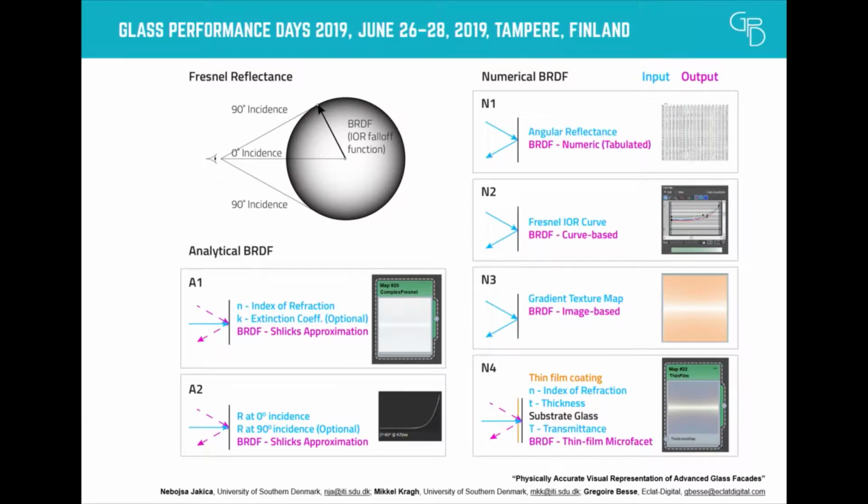Analyticals are obviously much more practical and much faster to implement, while numericals can be more precise, but then it comes with a decrease in speed, and we use this model in our analysis.